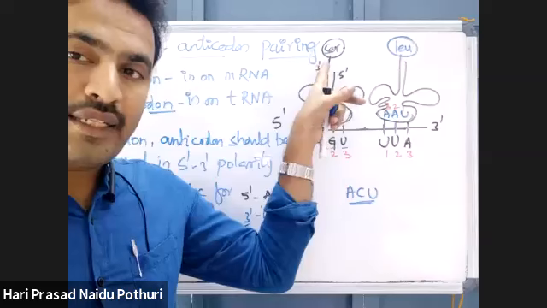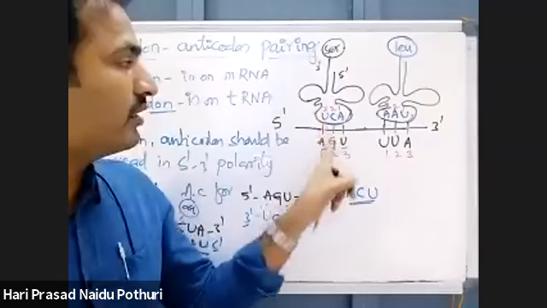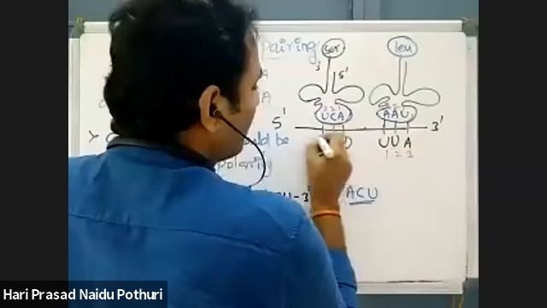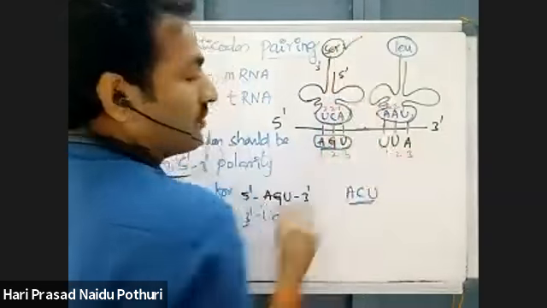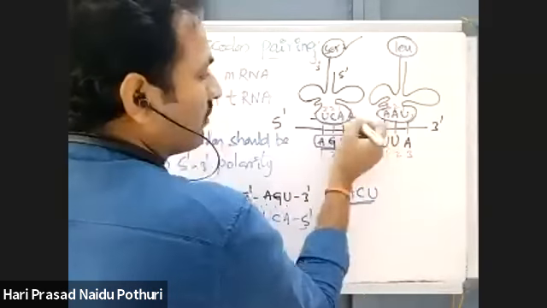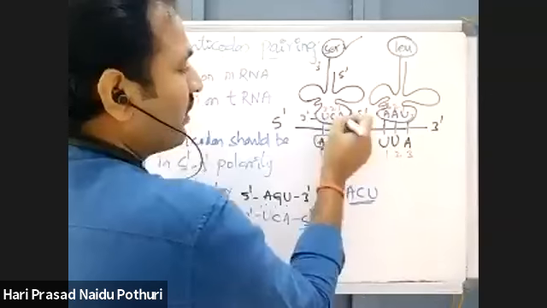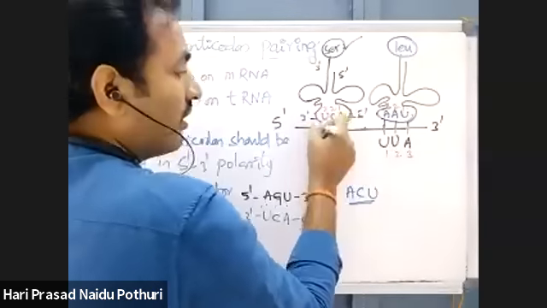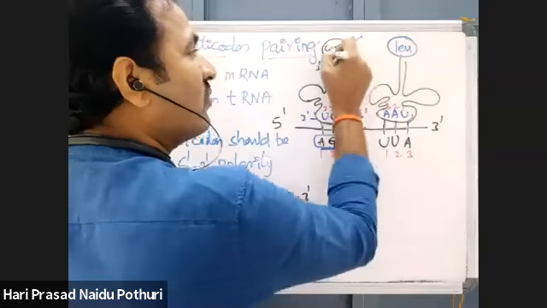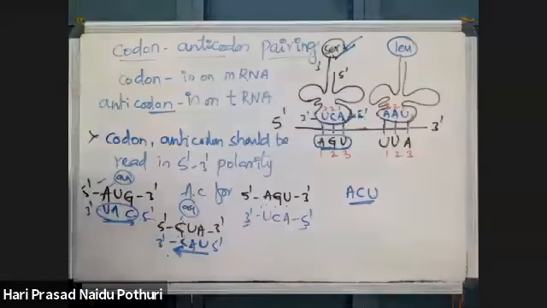The binding of amino acid with tRNA depends on the codon-anticodon. That means if AGU is coding for serine, then the anticodon 5 prime 3 prime ACU sequence will be there. That tRNA with this anticodon only combines with serine. Understand?